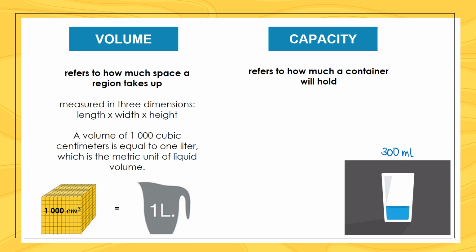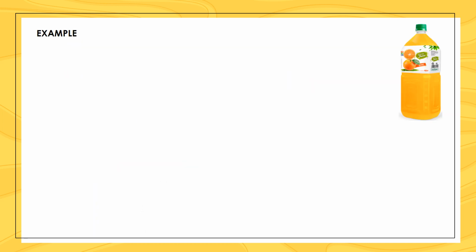So, even if the volume is in this unit, centimeter, and centimeter is a unit under length, liter is a unit under volume. Please take note of this one. 1000 cubic centimeters is equal to 1 liter. We will use this one in answering the word problem that we had on our first slide. So let's have an example of a word problem.